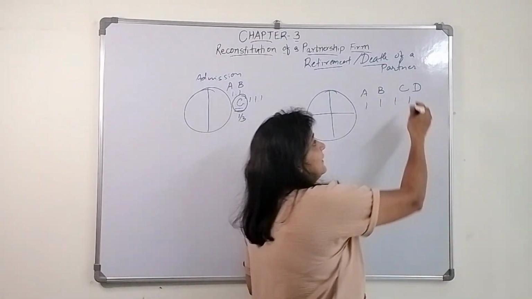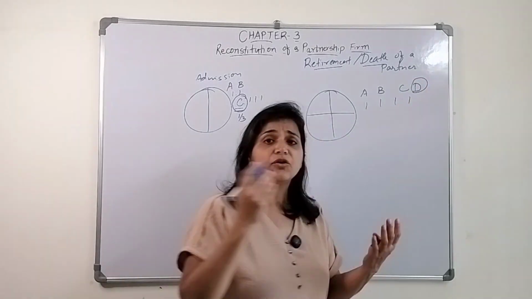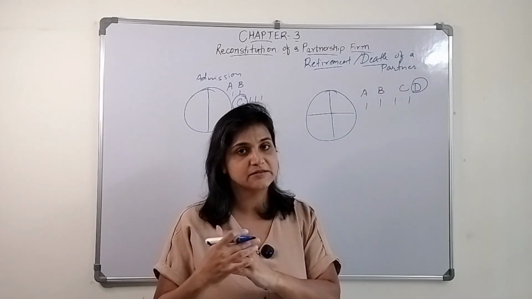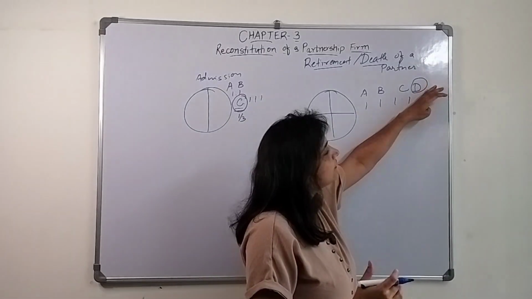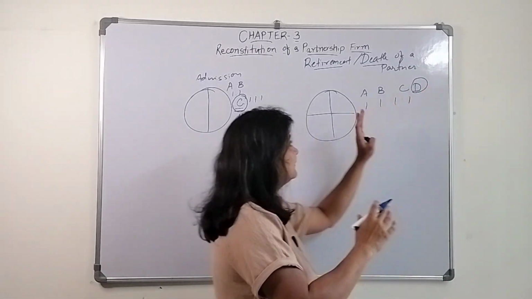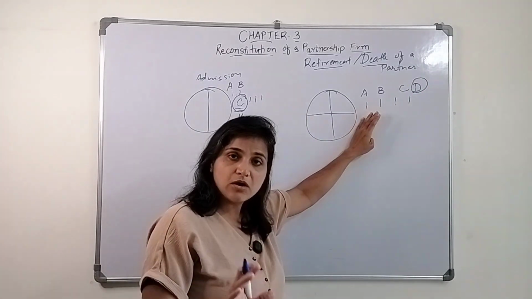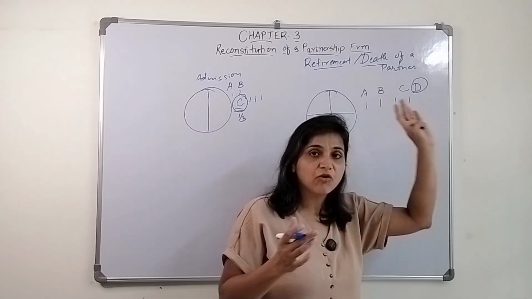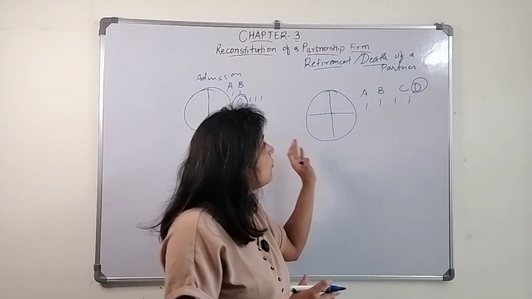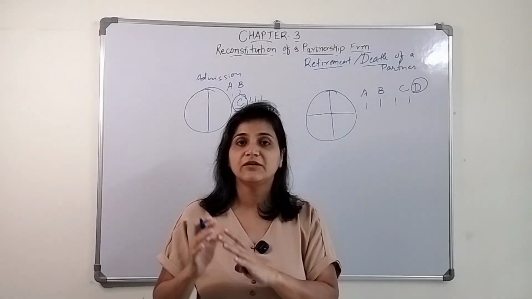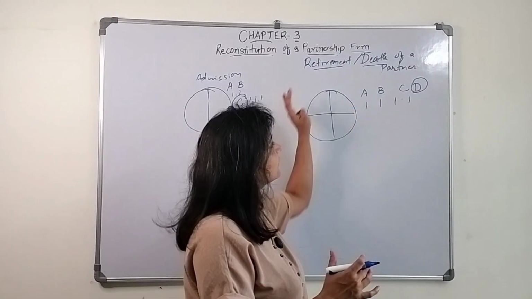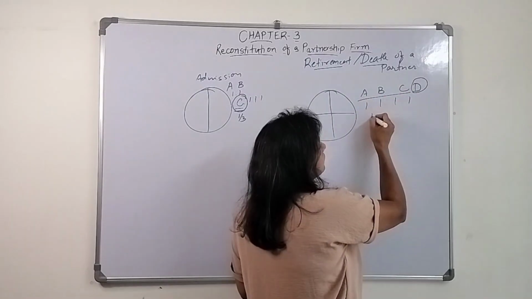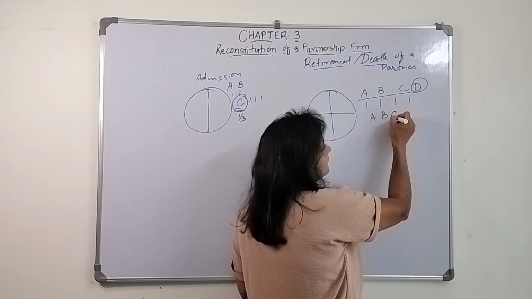But let's say D retires, or else he passes away. Till the time he was in the firm, everything belonged to him, but the moment he walks away from the firm, the future profit and losses, the cake they will get, will be shared among whom? Among the three partners A, B and C.